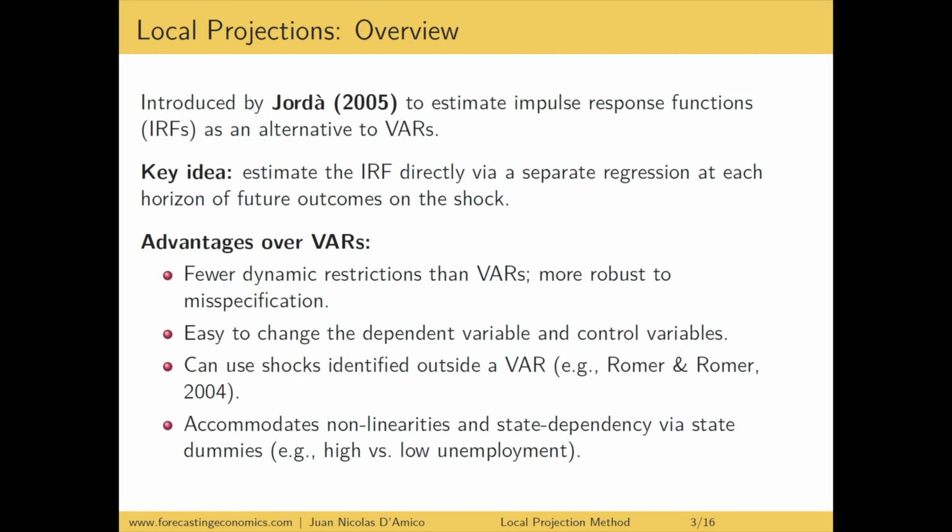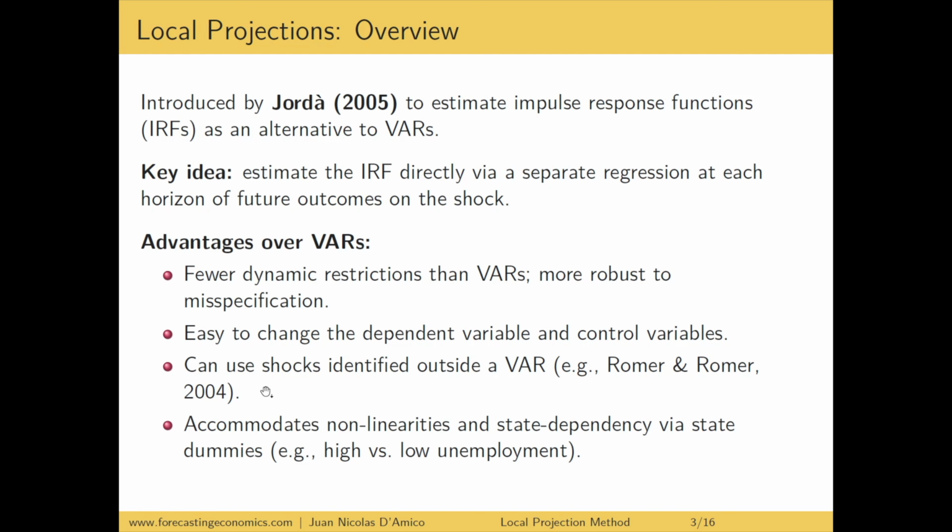Remember that when we compute a vector autoregressive model, we have a system of equations where each equation contains the lagged values of the other endogenous variables in the model. Whereas using a linear regression like we are going to be doing with local projection, we will have the possibility to modify the dependent and independent variables in our model.